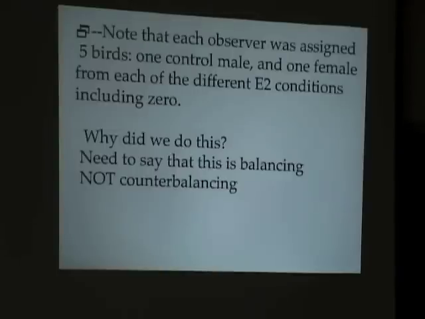All right, so why did I do it that way? Why not just give one person all the males, another person all the females, a different person gets the 0, a different person gets the 5s, another person gets the 15s, another person gets the 50s?